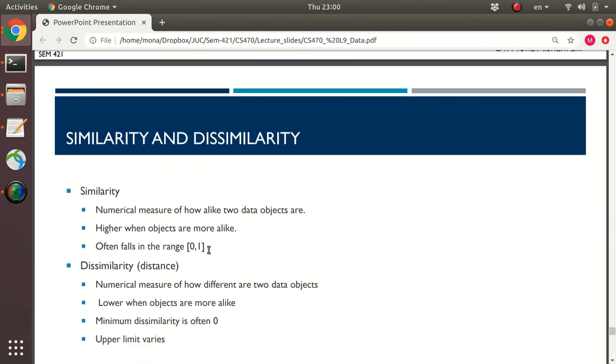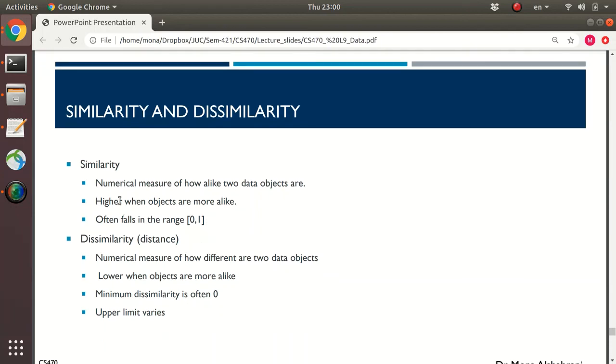So what do we mean by similarity? Similarity is a numerical measure of how alike two data objects are, higher when objects are more alike, and the value of the similarity falls between 0 and 1, where 0 means there is no similarity at all, and 1 means the two data objects are identical.